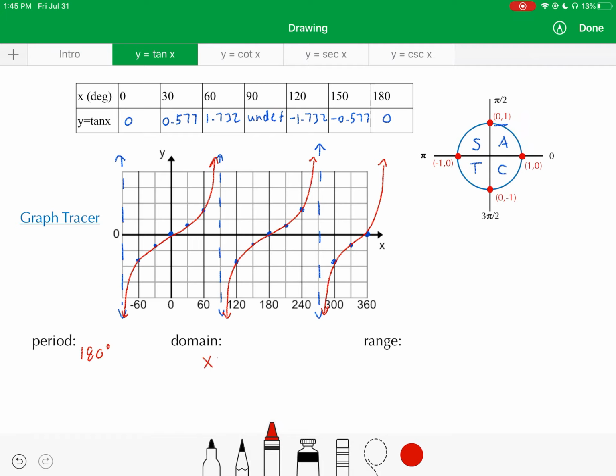So the domain is anything but 90 degrees plus 180 degrees times n, where n is an integer. Basically, you're going to get asymptotes at 90 degrees plus any multiple of 180 degrees. And the range, you can tell very easily from the graph, is all real numbers.